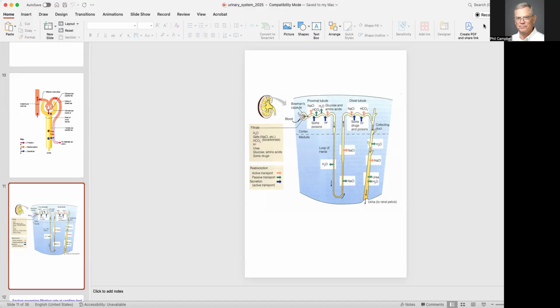Both passive and active transport of salt occurs along that ascending loop of Henle. When we get to the distal convoluted tubule, we have both reabsorption and secretion. And then we get into the collecting duct, and there's some additional reabsorption and secretion that can occur as well, right? So these are all the things that are happening in the nephron.